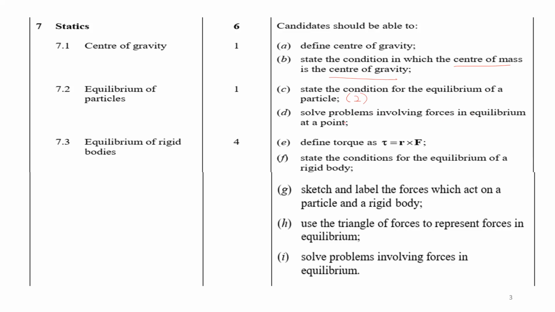So then it is more about solving quantitative problems, by obtaining an equation, and from there you solve problems to find the unknown forces which are required for the system to be in equilibrium. Done. Then go to 7.3, equilibrium of rigid body.